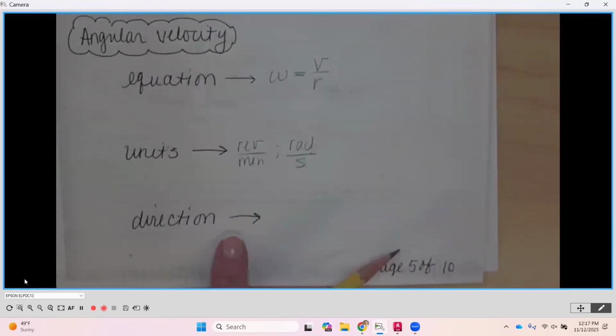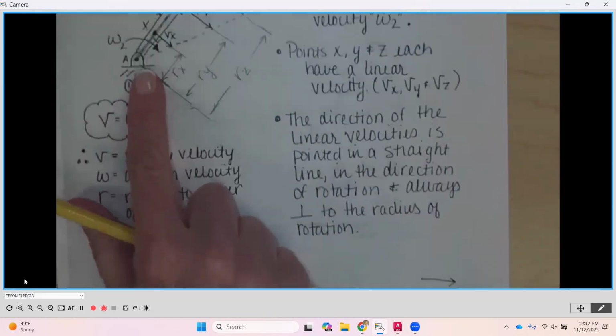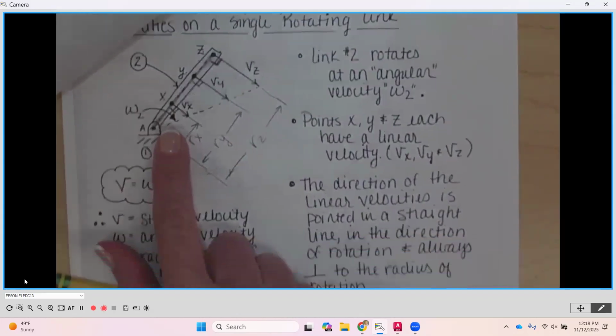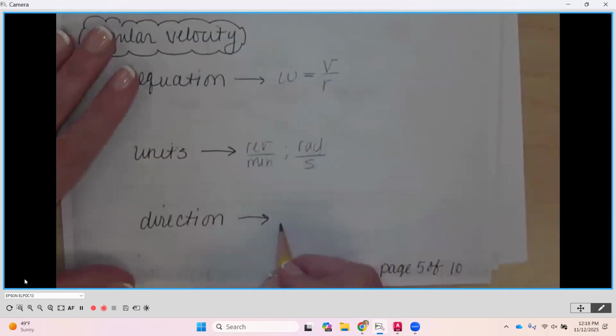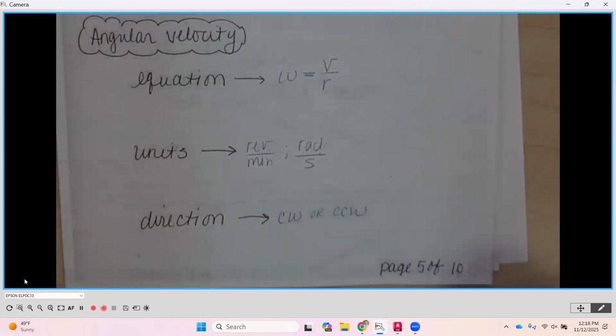As far as direction of angular velocity, and again, angular velocity is when we're rotating about a fixed center and we represent it with our W, and the sub 2 here is link number 2, it's really going to be, is it clockwise or counterclockwise? Which direction is it rotating? So it's really one of two directions: clockwise or counterclockwise.